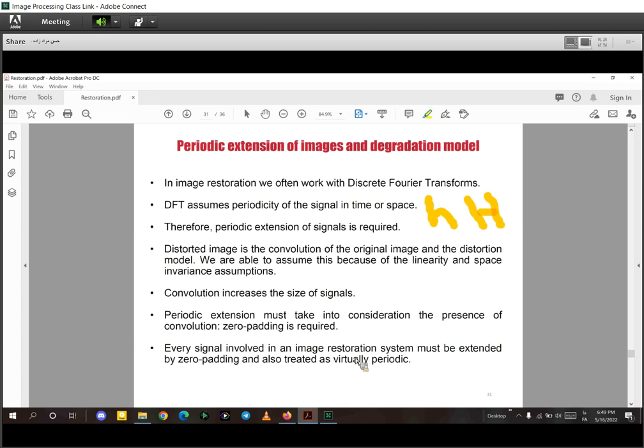Every signal involved in an image restoration system must be extended by zero padding and also treated as virtually periodic, not maybe really periodic.